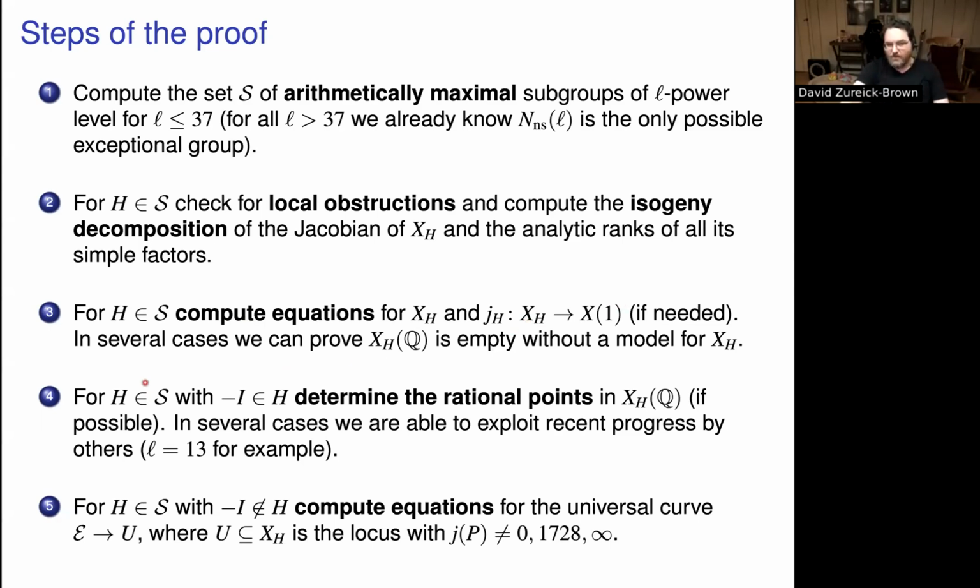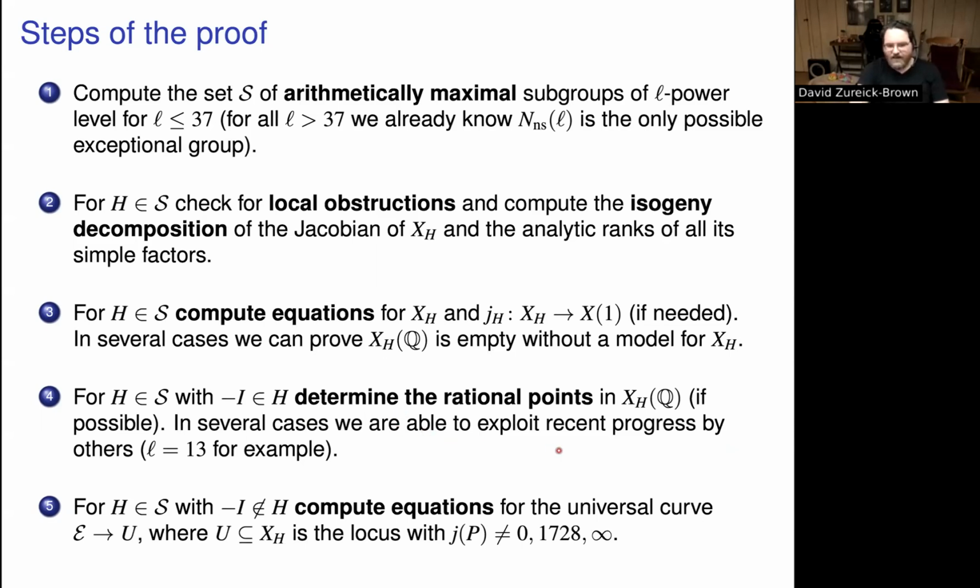There are numerous situations where we can analyze the rational points on the curve without a model, but in many cases we need a model. And then once we have the models, throw the kitchen sink at the curve, try every technique coming from rational points on varieties until one of them works. And I'm surprised how far we're able to get with that.